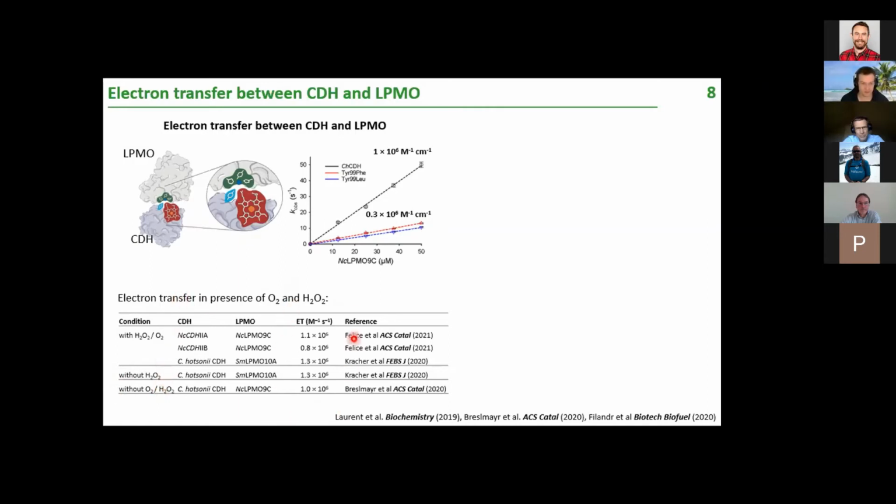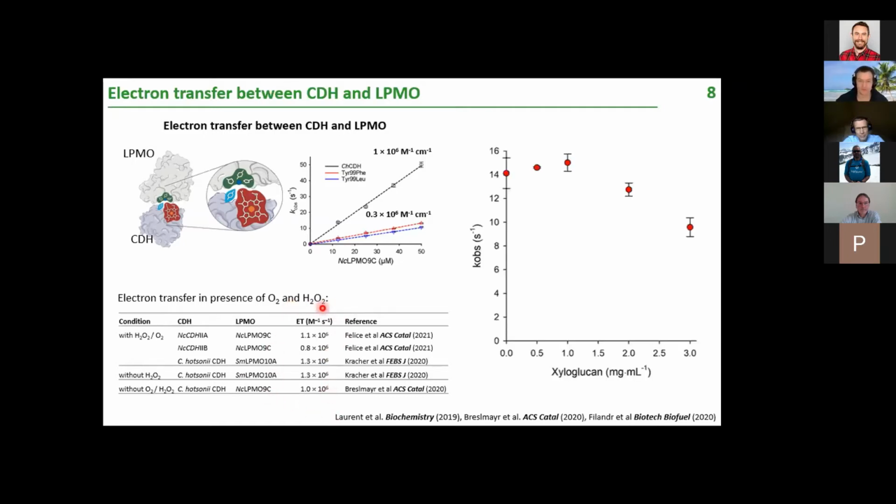And the important thing here is that this bimolecular rate really doesn't change. So whatever CDH LPMO pair, whatever condition we use, we end up at a reaction rate of about 10 to the power of 6 per molar per second. So that tells me that, in fact, the electron transfer reaction is uncoupled from subsequent reaction steps. That is the first reaction step that occurs.